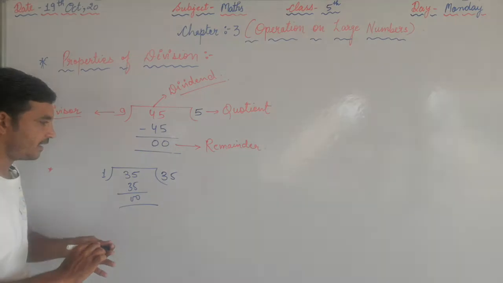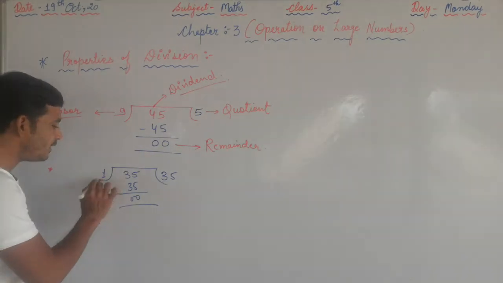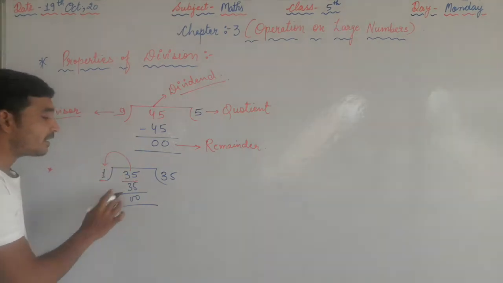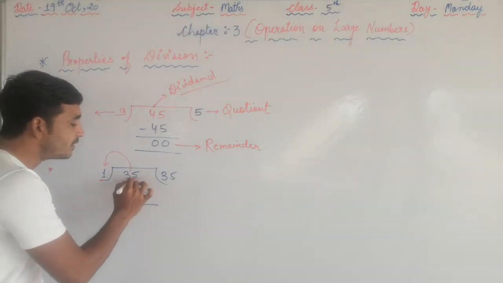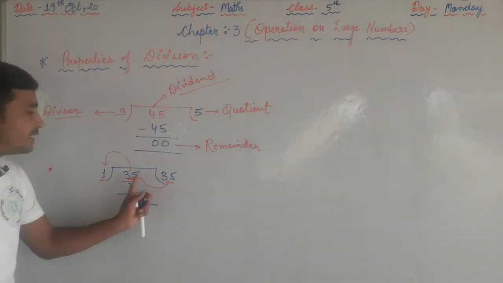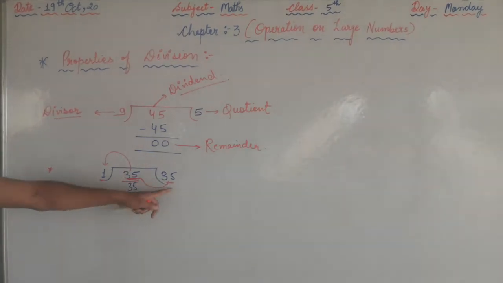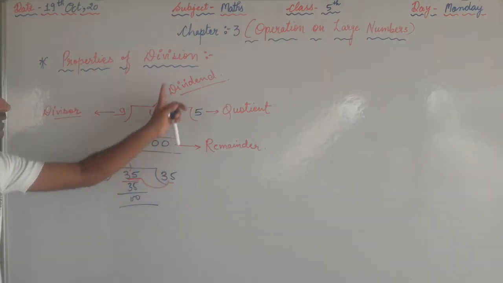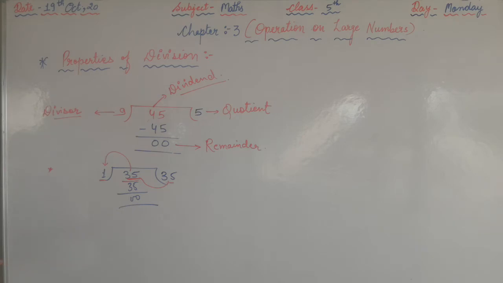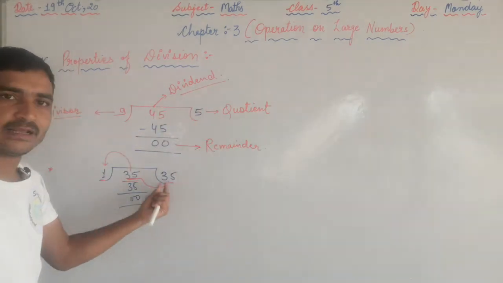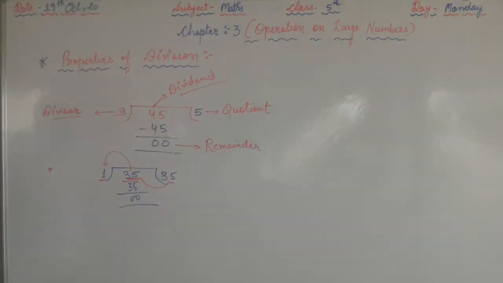So if any number is divided by 1, the quotient is the number itself. That means the dividend we get as the quotient, as the result of the division, when any number is divided by 1.